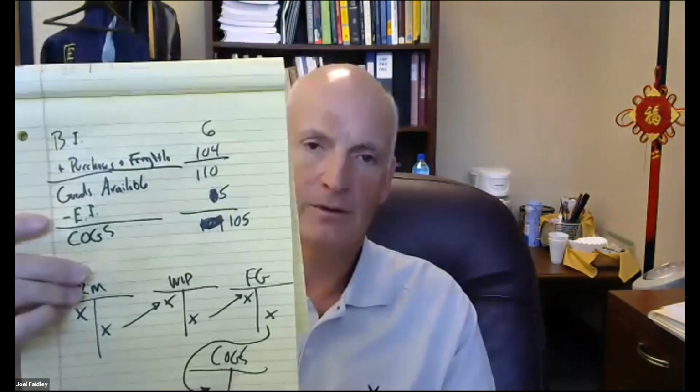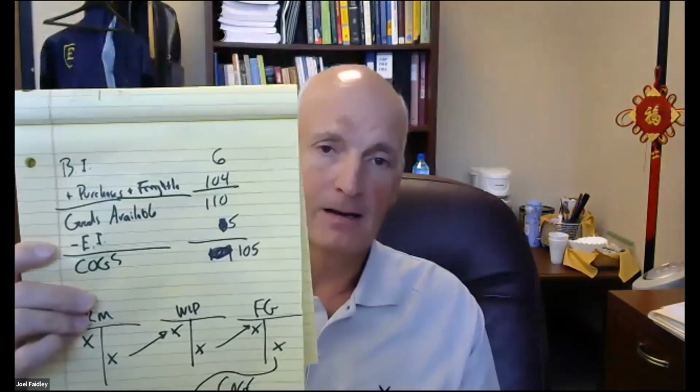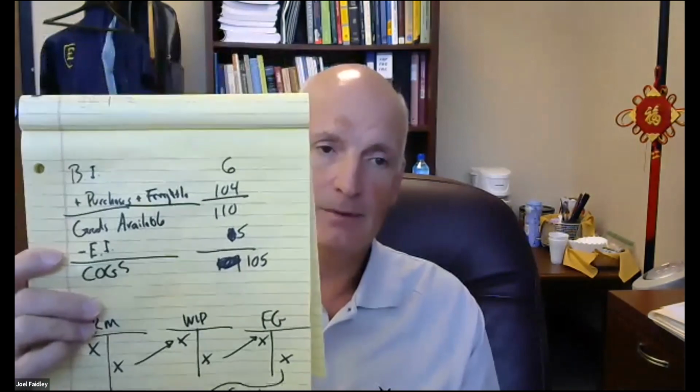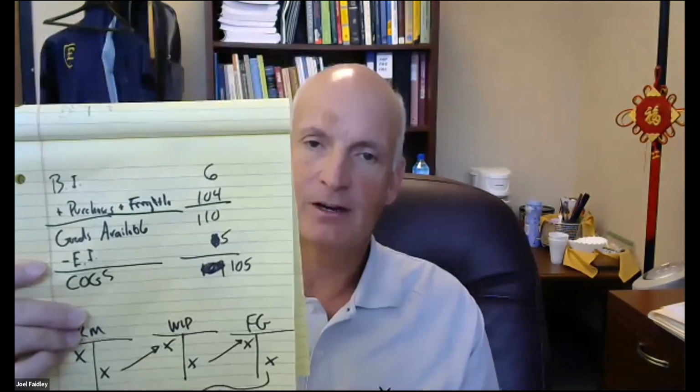Same formula. We use that for raw materials. You use that for a company that is his purchases, like sales or a merchandising company. You use it for cost of goods manufactured. Use it for finished goods. The cost of goods sold is the same formula.